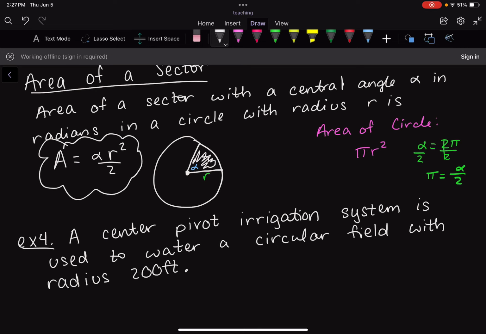What area is watered if the central angle is pi over 8?